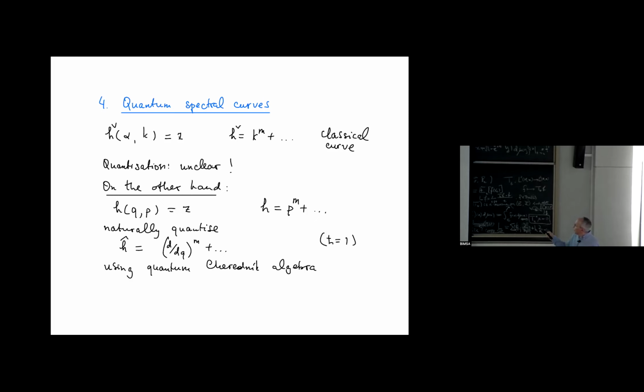And because this Hamiltonian at the classical level was exactly the same formula, just replacing parameters by dual parameters, it is natural to quantize the spectral curve in a similar fashion. Just take the quantum Hamiltonian and replace the variables Q with alpha and replace parameters with the dual parameters.